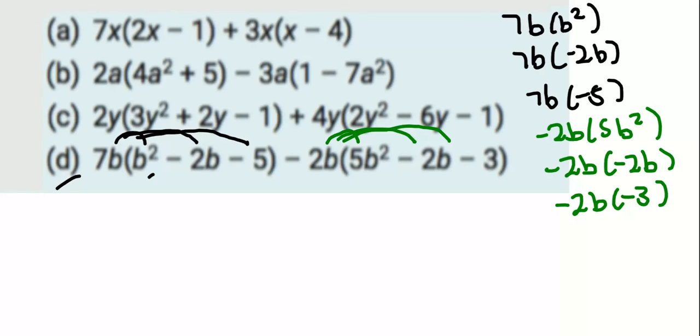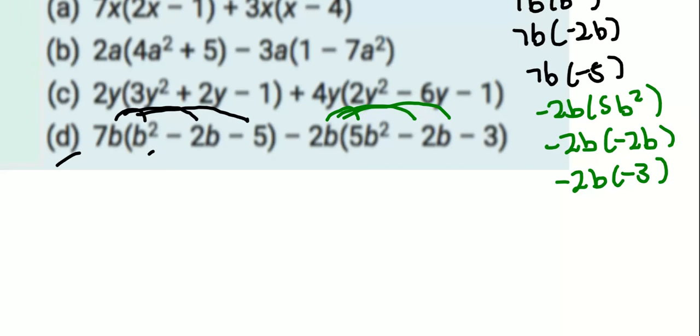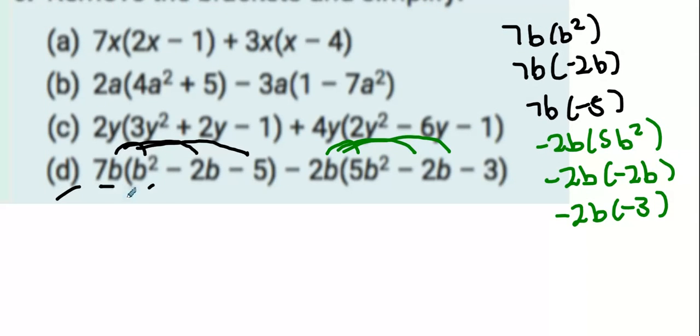Right, I'll tell you what, you call out what you got so far. Go on, what you got to start? 7b by b squared. So 7b cubed. Right. Now, 7b by minus 2b.